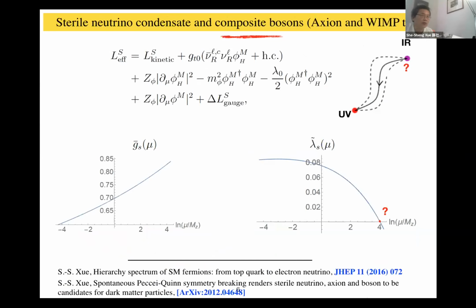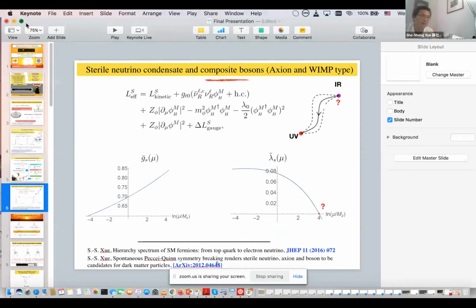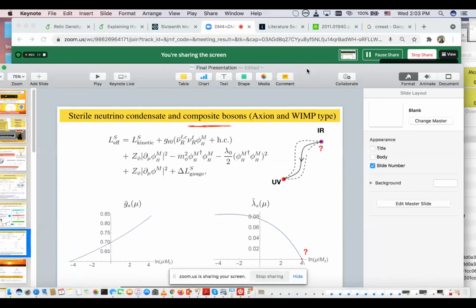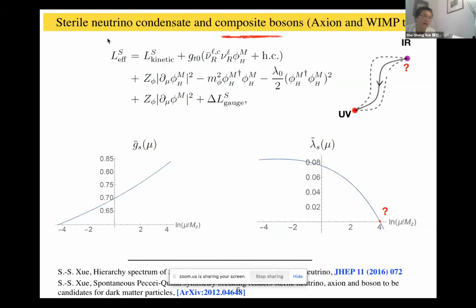So here we have two additional particles: one is the axion, and the other is a massive scalar particle, which plays the role like a Higgs particle, exactly the counterpart of the Higgs in the Higgs mechanism.